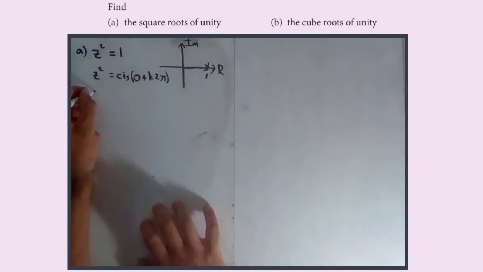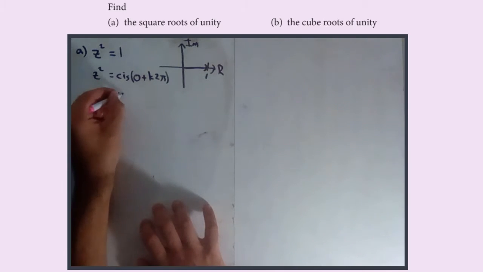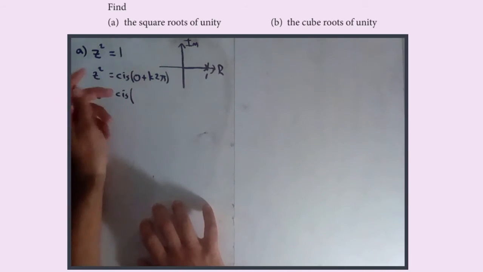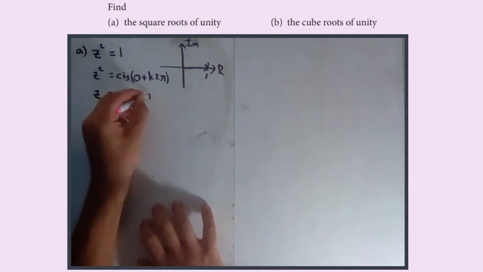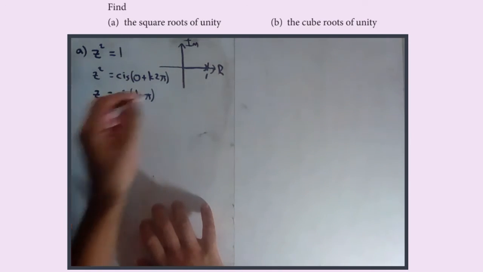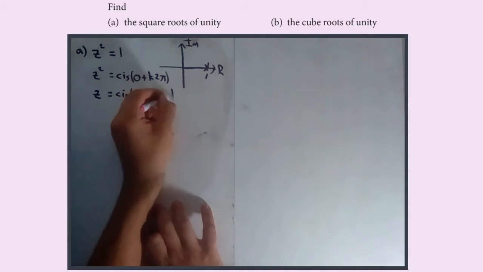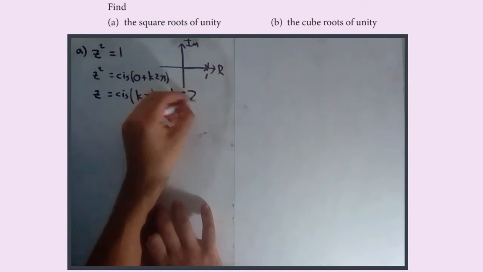So z equals the square root of this, so it's cis, and using De Moivre's theorem, it's 0 over 2 plus k2 pi over 2, so that would be k pi. The 2 pi over 2 is k pi. I should have mentioned as well, I've said it in previous videos, k needs to be an integer.